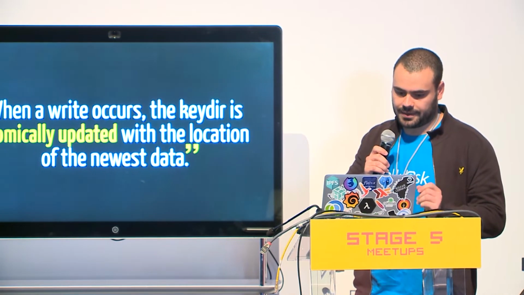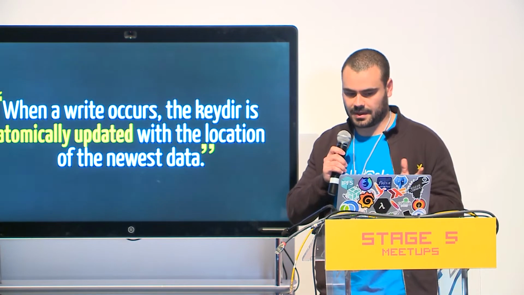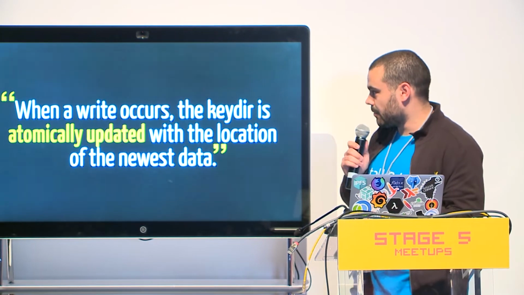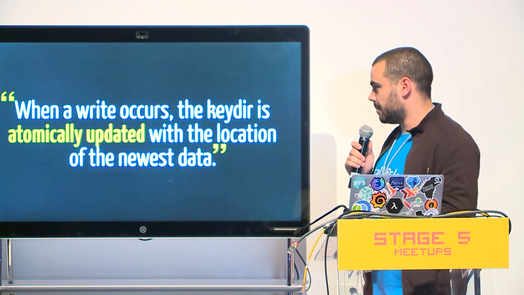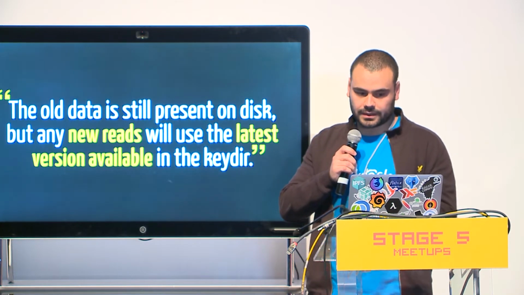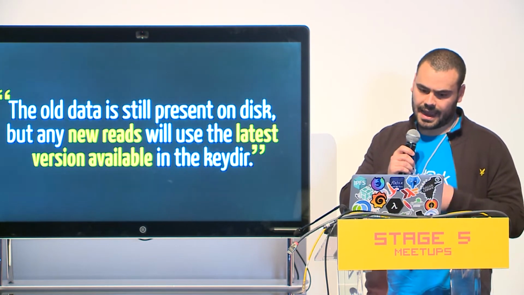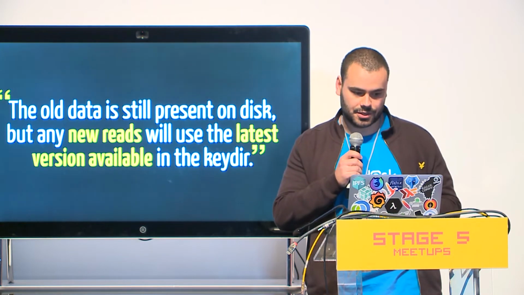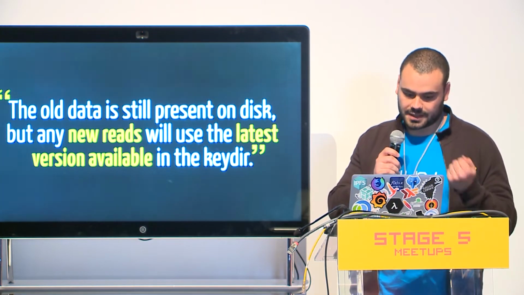When you read keydir, it is actually talking about the in-memory hash table. So when a write occurs, the keydir is atomically updated with the location of the newest data. And the old data is still present on disk, but any new reads will use the latest version available in the keydir.